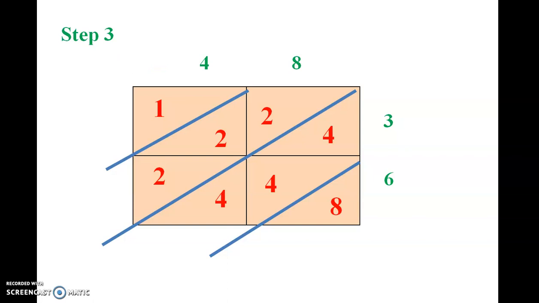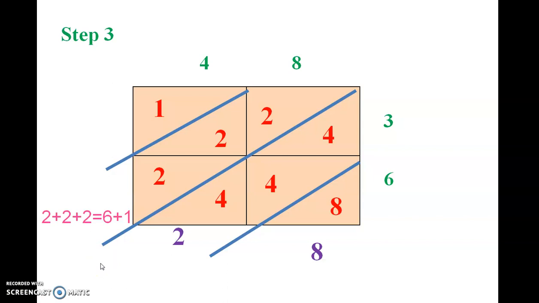Okay friends. We have to add the numbers. 8. 4 plus 4 plus 4 is equal to 12. Then 2 plus 2 plus 2 is equal to 6.